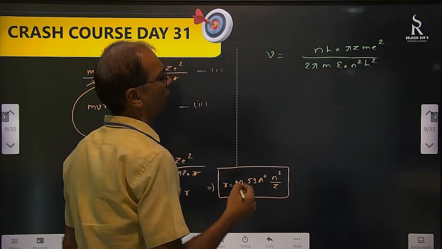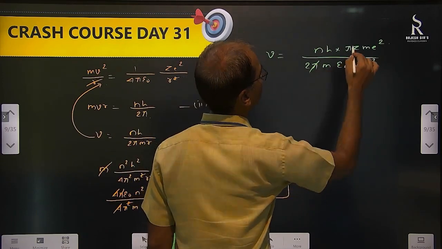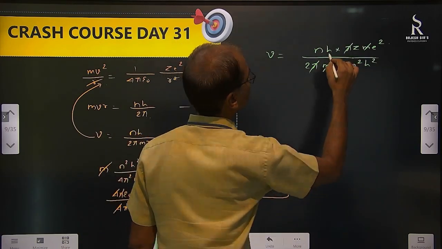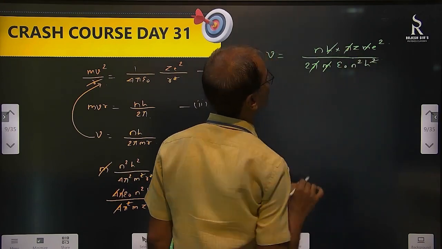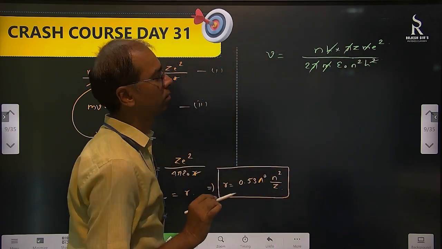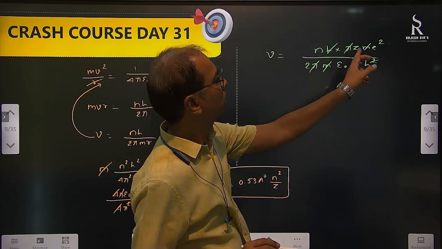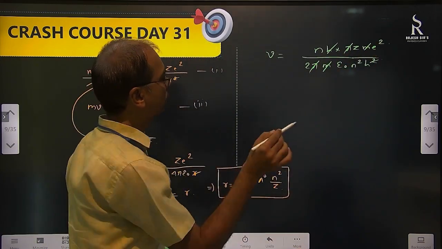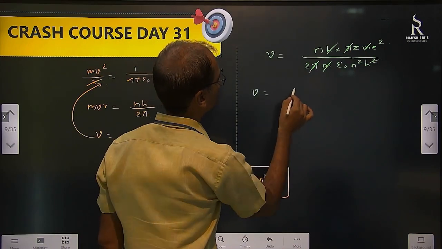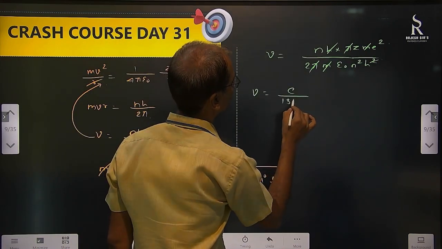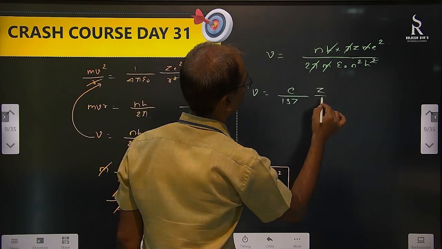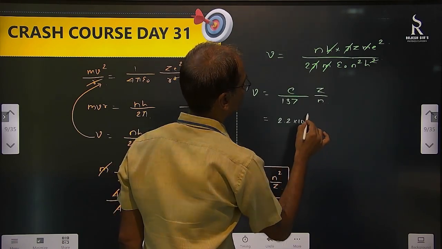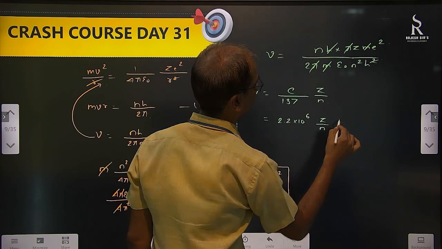What can we cancel in this one? This pi gets cancelled, m gets cancelled, and h gets cancelled. So what is here? Constants. Z is constant, e square constant, epsilon naught constant. So if you keep their values, it comes out to be c by 137, or 2.2 into 10 to the power 6, z by n meter per second.